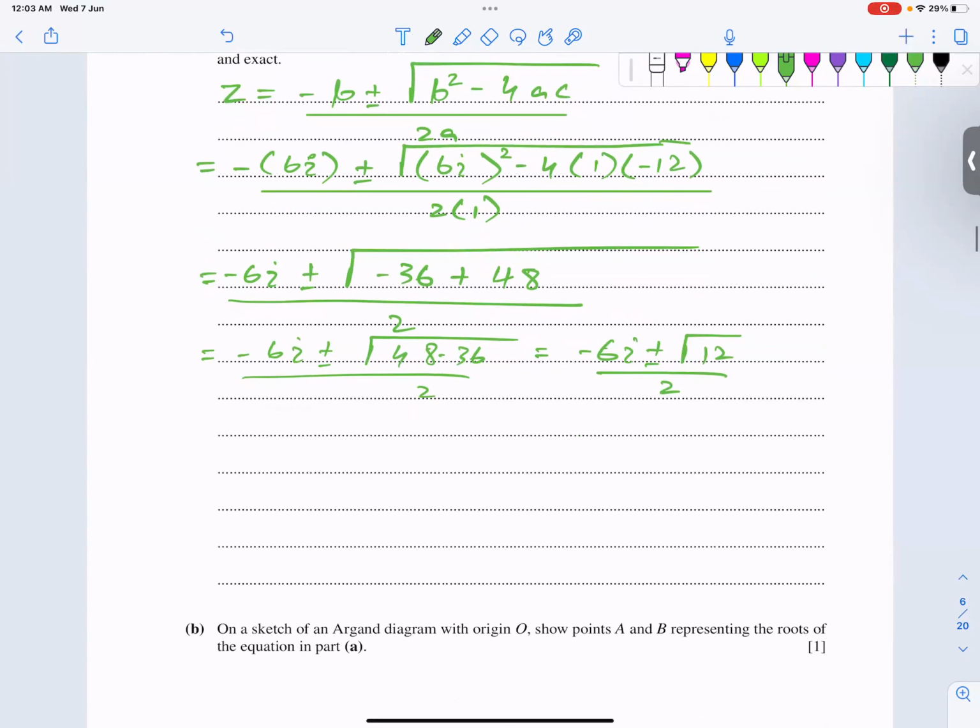So I can write it as 6i plus minus square root 12. You can find it using a calculator. This will be 2 square root 3. Now divide by 2 on both the things. This will be 3i plus minus square root 3. So I can write it as square root 3 plus 3i, comma, minus square root 3 plus 3i.